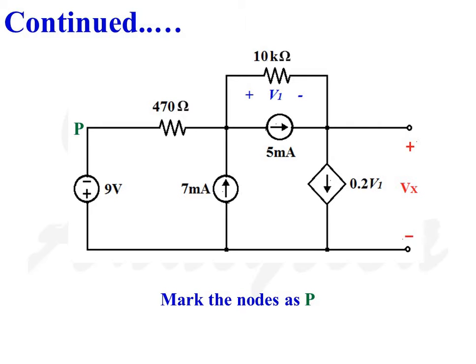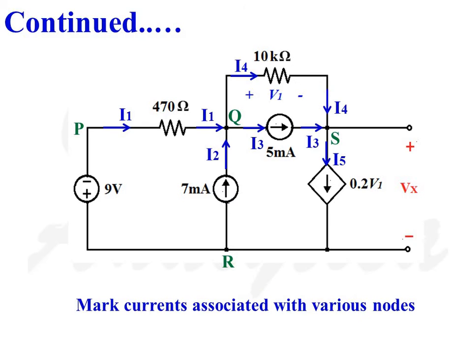Mark the nodes as node P, node Q, S and R. Mark currents associated with various nodes as I1, I2, I3, I4 and I5.